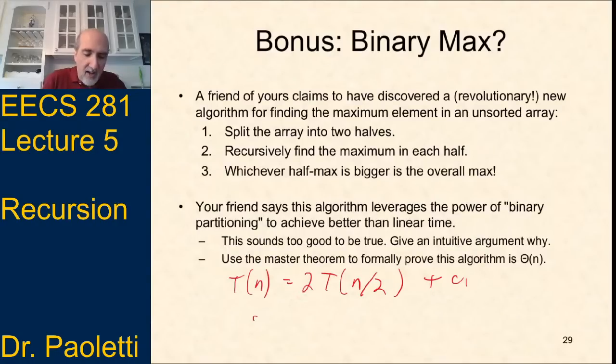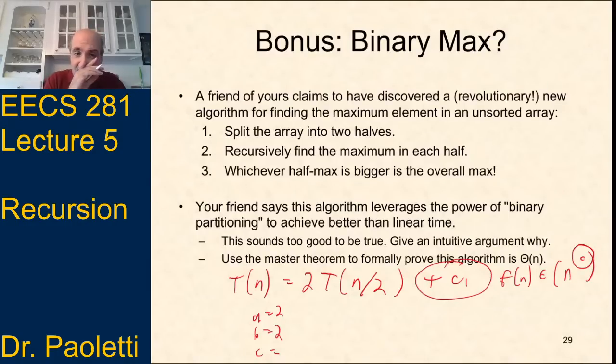So now we've got a equal to 2, b equal to 2, and c equal to, this is our f(n), an element of big theta of n to the c power. What is c here? c is equal to 0. A constant amount of non-recursive work is a polynomial of order 0.